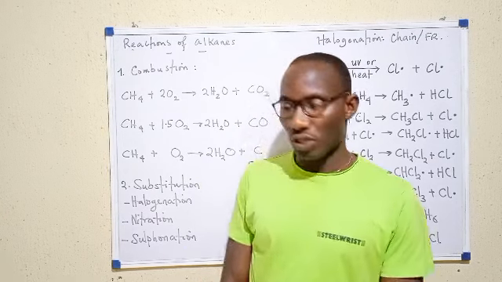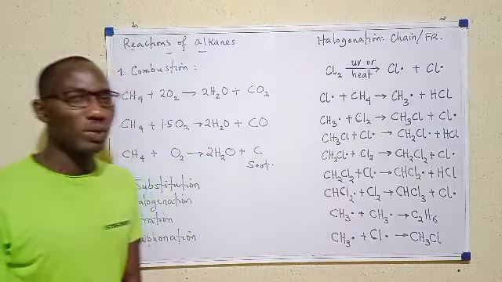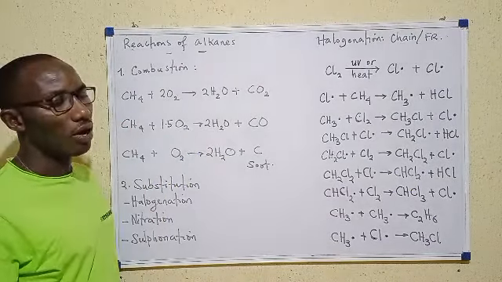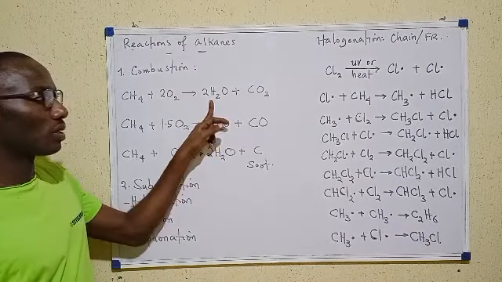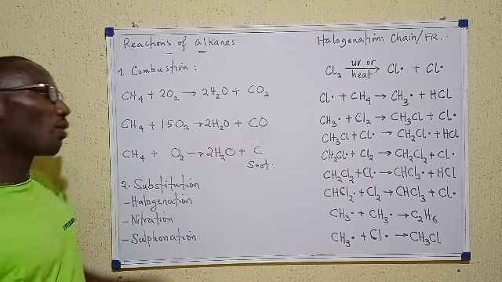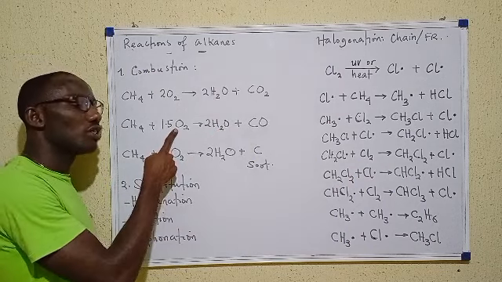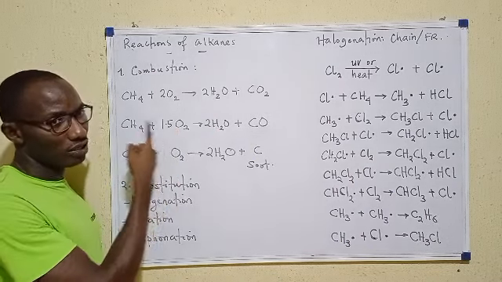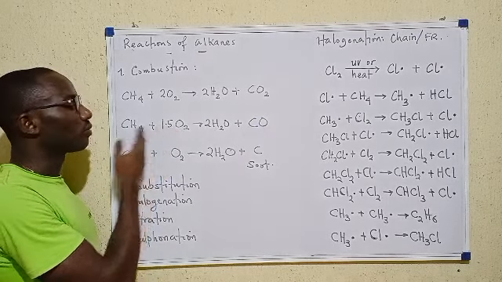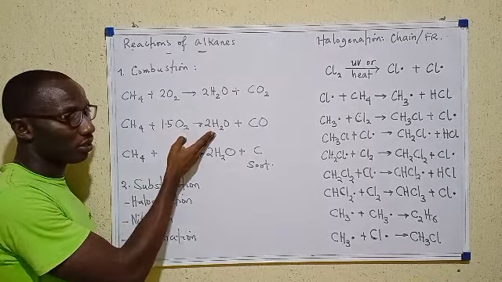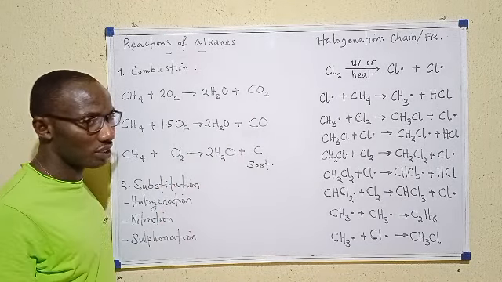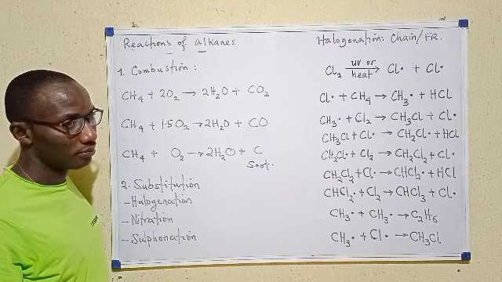So the first equation there shows us what happens when a particular alkane, this time methane, burns in oxygen. We get water and carbon dioxide. However, if the quantity of oxygen is less than sufficient, maybe a limited supply, then we get water still, but in place of carbon dioxide, we get carbon monoxide, carbon 2 oxide.